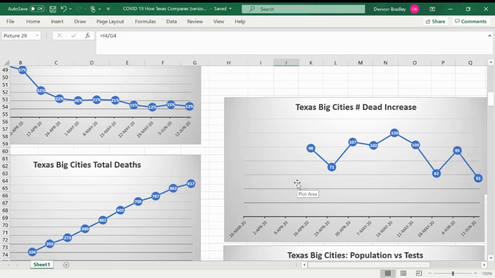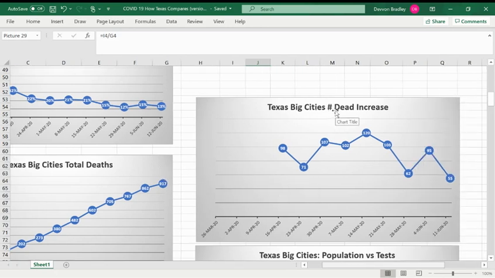All right. And then let's look at Texas big cities, the number of dead increase. The data was not available, I think that's why I don't have the 26th, the 2nd, the 9th. It starts on the 16th.